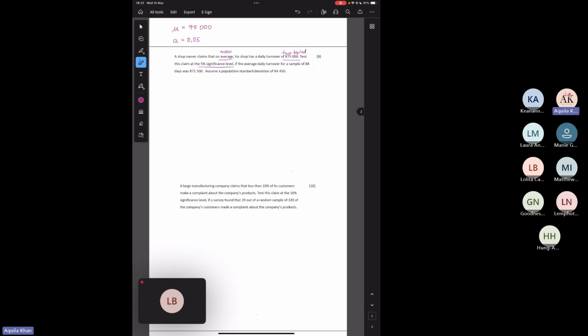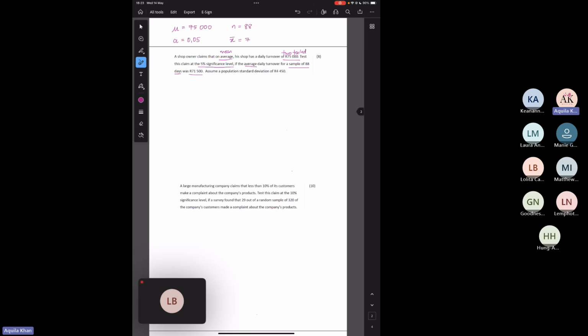If the average daily turnover for a sample of 88 days was 71,500. So this tells you, firstly, you know your sample size, which is 88. So n is equal to 88. And then it says that the sample average, it said the average daily turnover for the sample was 71,500.